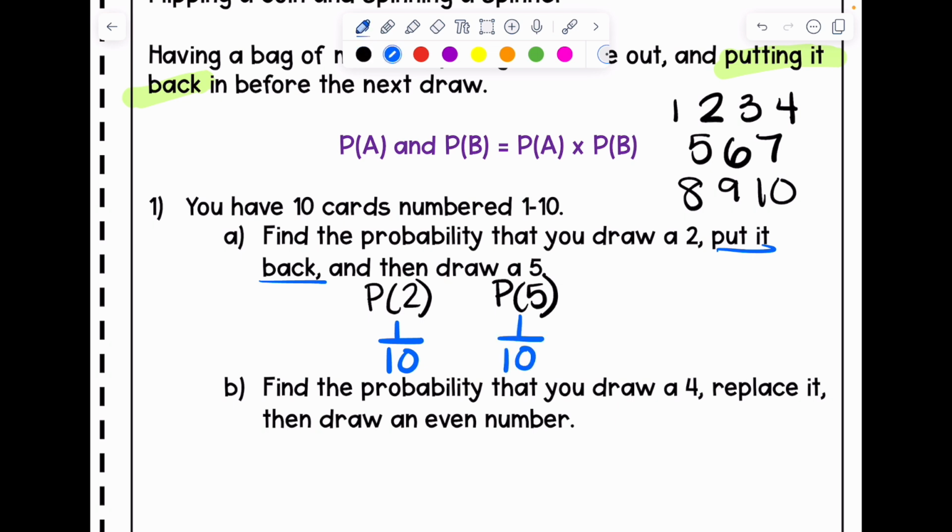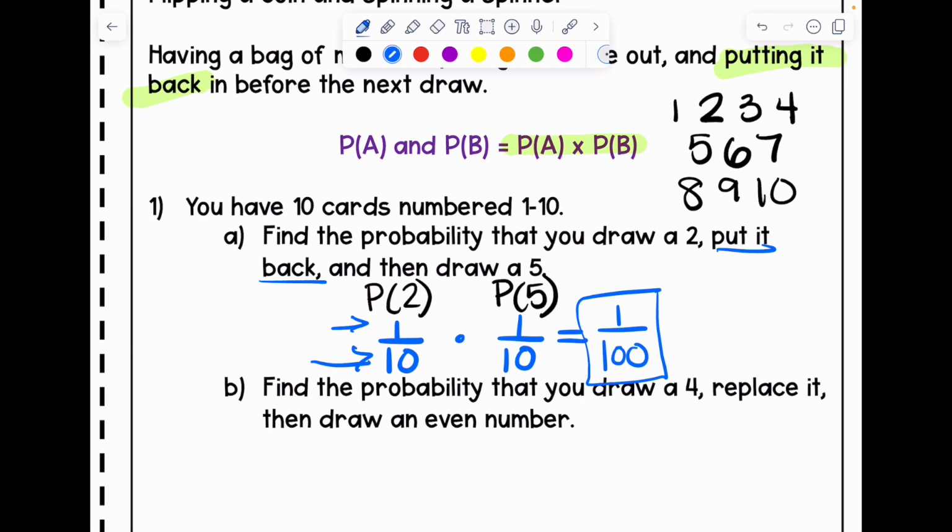Here, to figure out the probability of those two events happening together, what we're going to be doing is multiplying those two probabilities. So I'm going to multiply 1/10 times 1/10. When we multiply fractions, we're just multiplying straight across. So 1 times 1 is 1, 10 times 10 is 100. So I have a 1 out of 100 chance of randomly drawing a 2, putting it back, and then randomly drawing a 5.